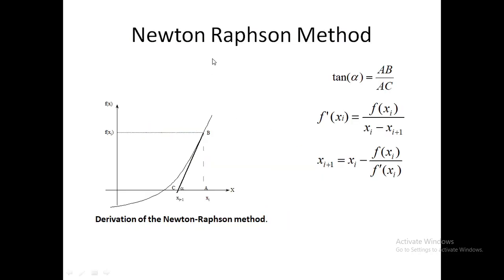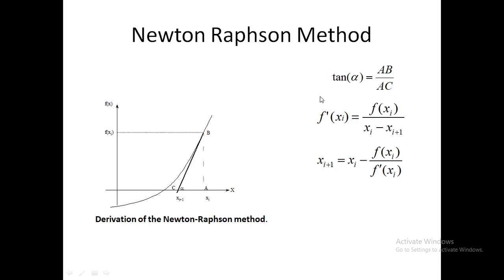Here, when you draw the tangent to that slope, this tangent intersects the x-axis. Then there you will get one angle, angle ACB. Then we can calculate tan alpha is equal to AB, the opposite side, divided by the adjacent side.